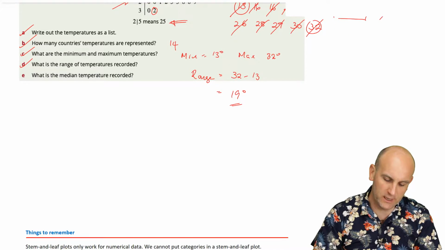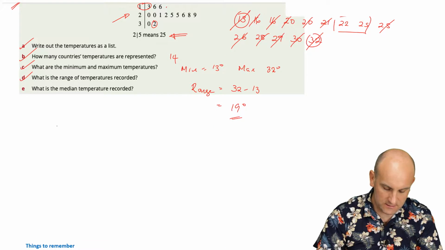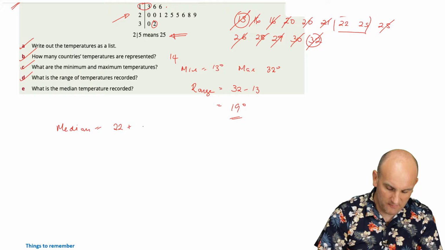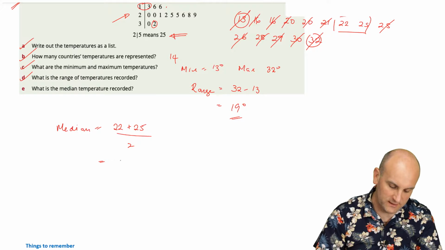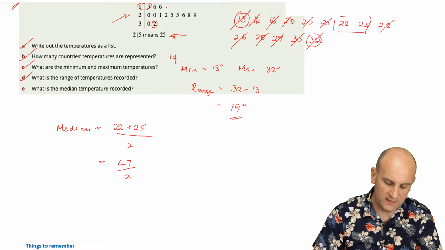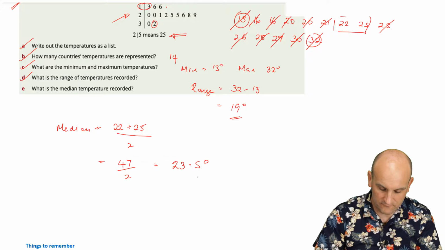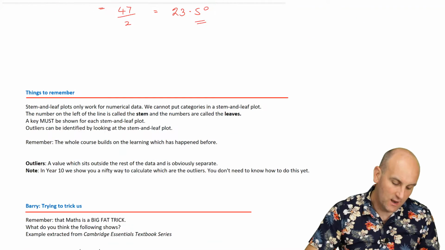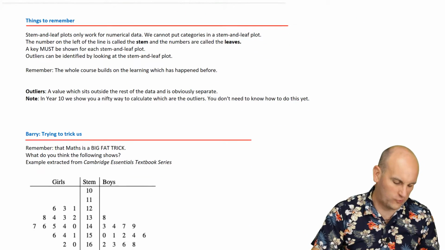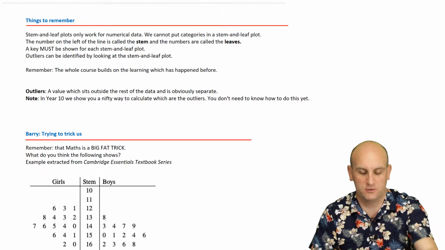We add them together. So my median is equal to 22 plus 25 and then divide them by 2. So that would give me 47 divided by 2, which gives me a wonderful 23.5 degrees as my median. Again, not overly complicated. These things are awesome.